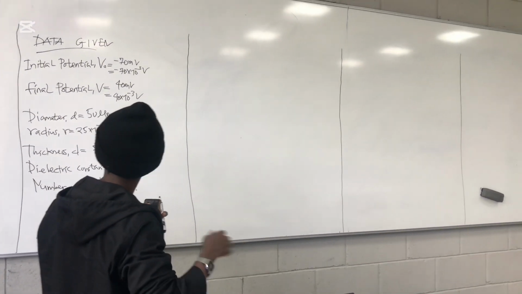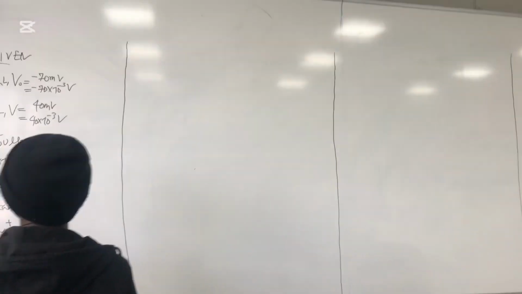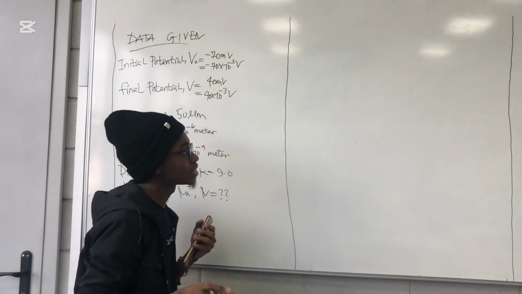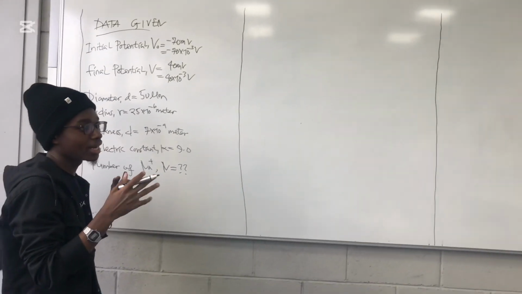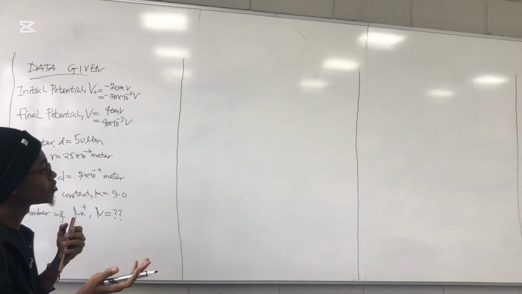In order to find the number of sodium ions, we can consider the cell membrane as a capacitor because there is a layer of positive and negative charges separated by a material between them, and that is what a capacitor is.